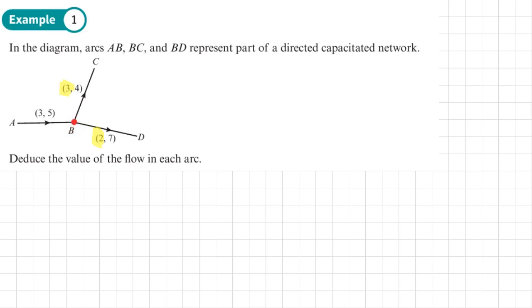And if I have a look, that is the maximum of the flow along arc AB. It can't go any higher than 5. So this has to be its maximum to allow flow of a minimum along these arcs.